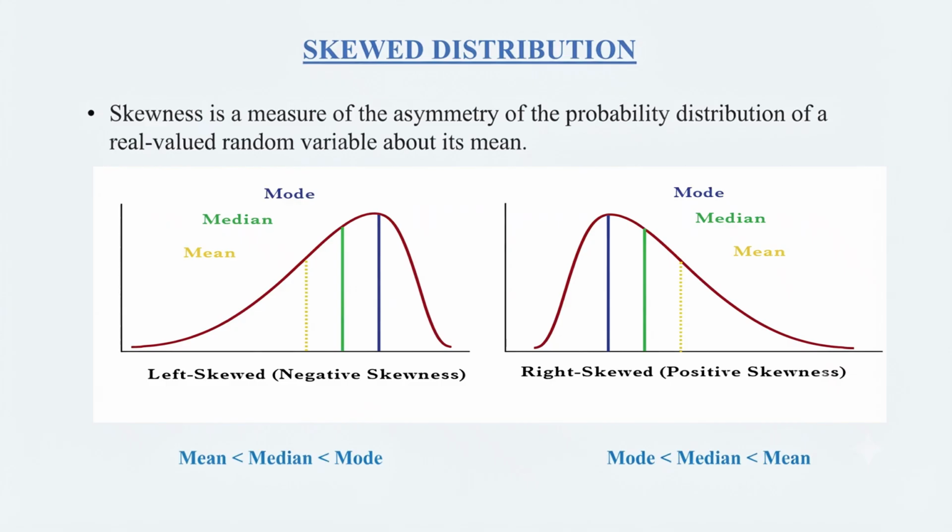But will normal distribution be possible every time? No. Sometimes the variables or the observations will not follow normal distribution. That is known as skewed distribution. Here we will take one example.